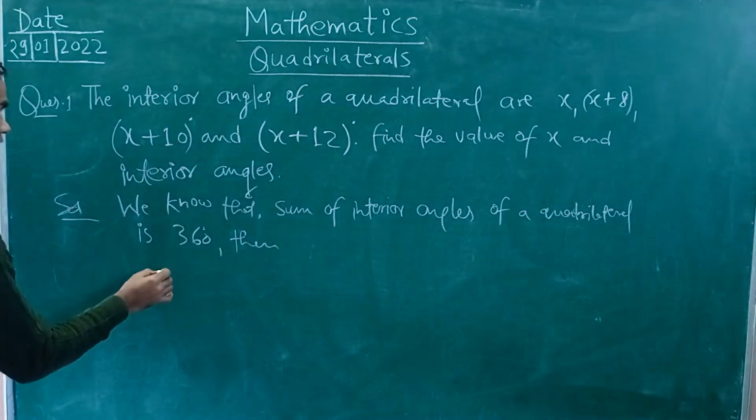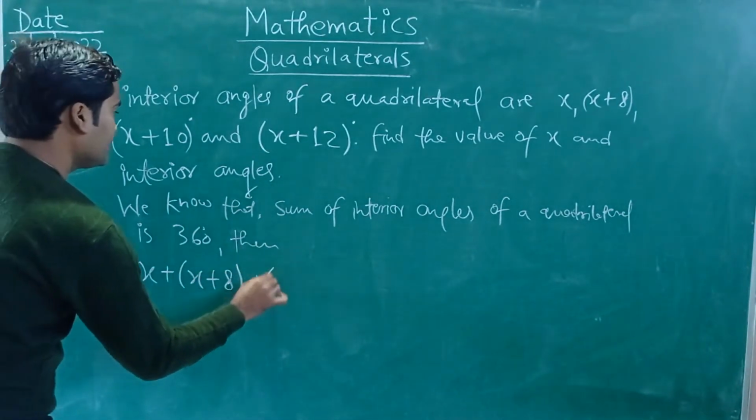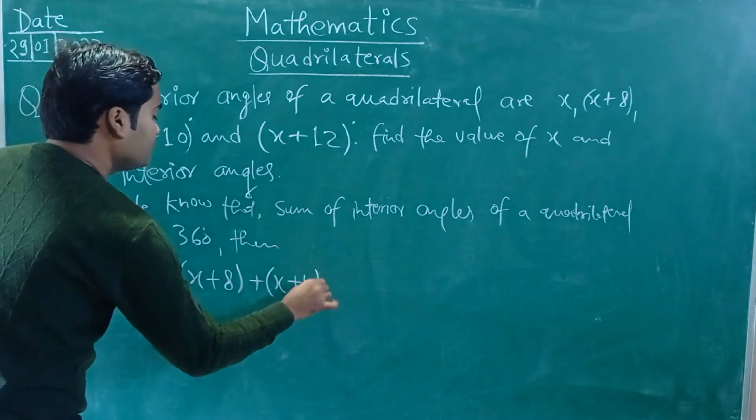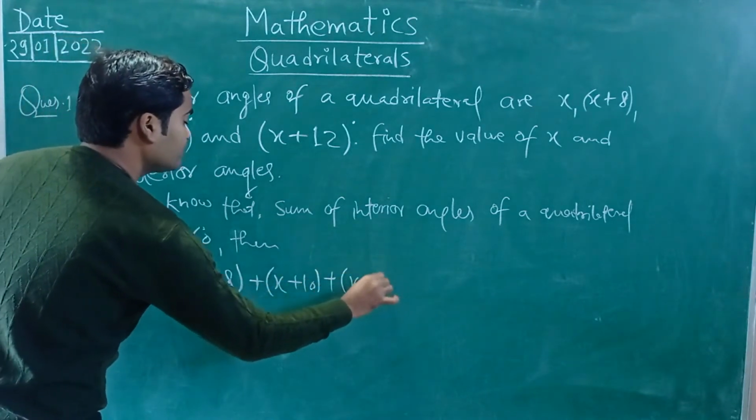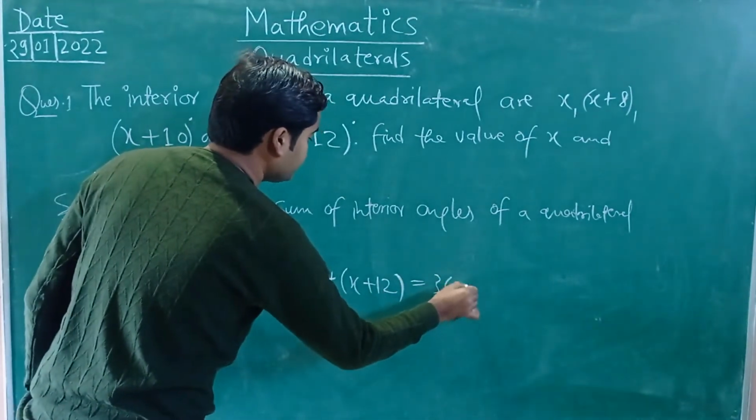Then x plus 8 plus x plus 10 plus x plus 12 is equal to 360 degrees.